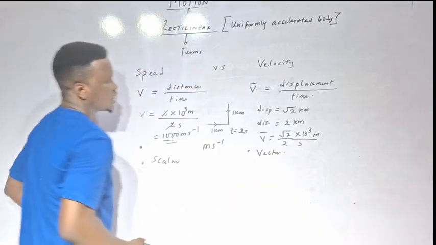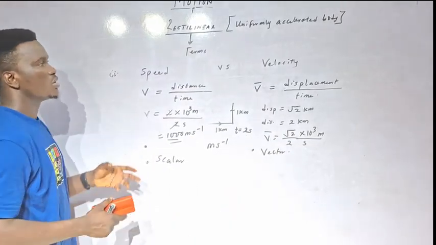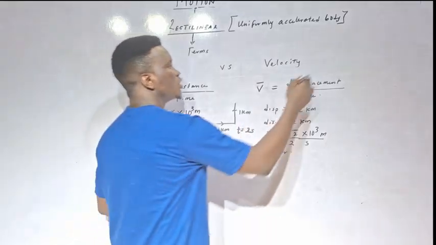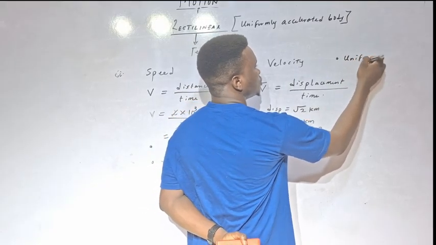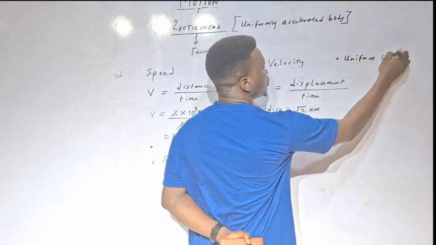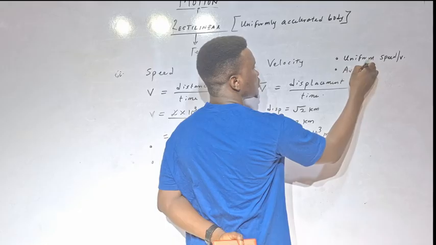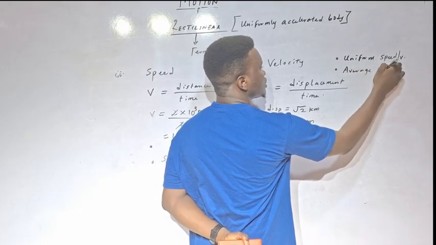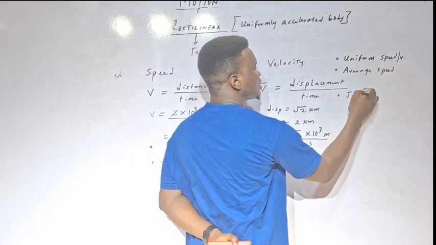So those are the things you need to know about velocity and speed. But a whole lot of times you will hear the words uniform speed or uniform velocity. You will hear the words average speed or average velocity. You need to know what that means.